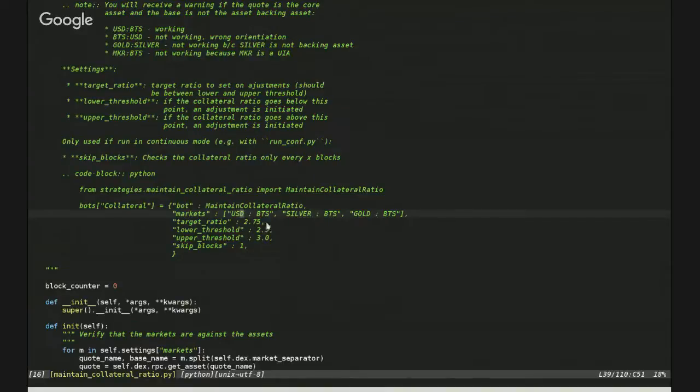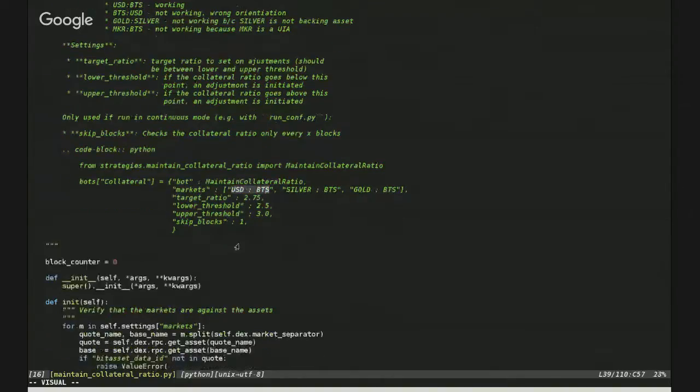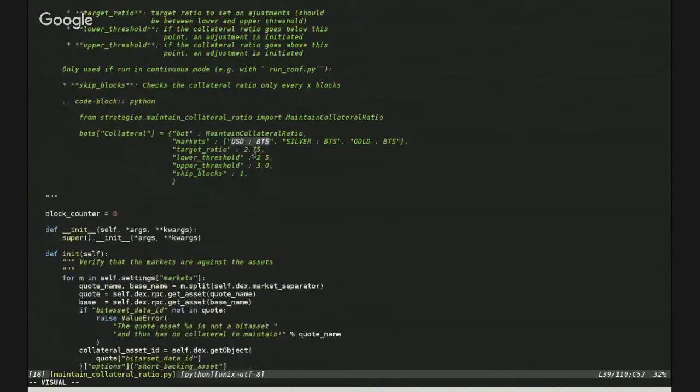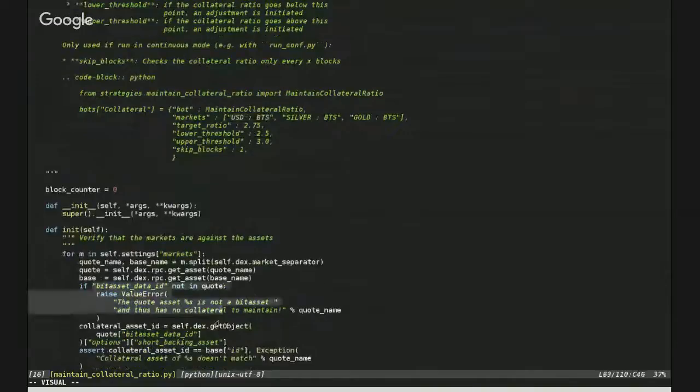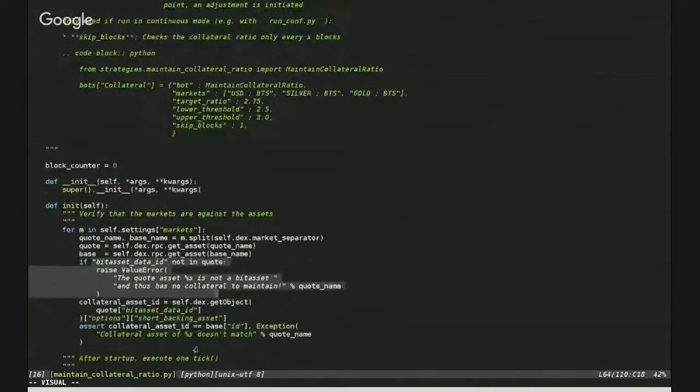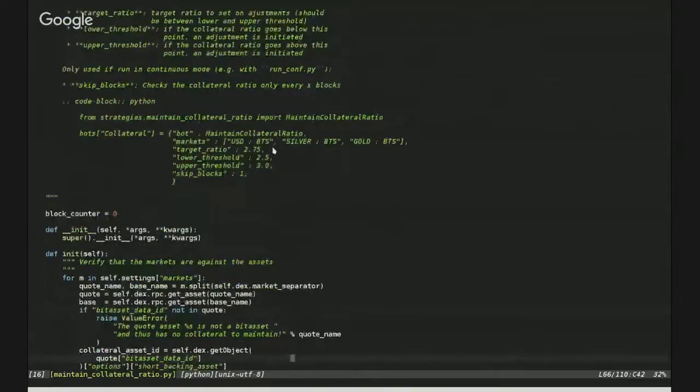So the USD is backed by BTS, so you're in the market USD against BTS. Now, if you do something wrong over here, the script will tell you. It tests over here that the short backing asset is really what you defined, otherwise it will just throw an exception. So there's nothing bad going to happen if you do something wrong over here.